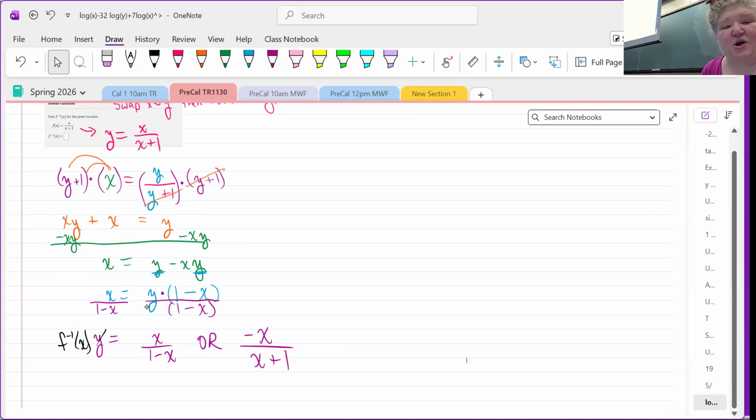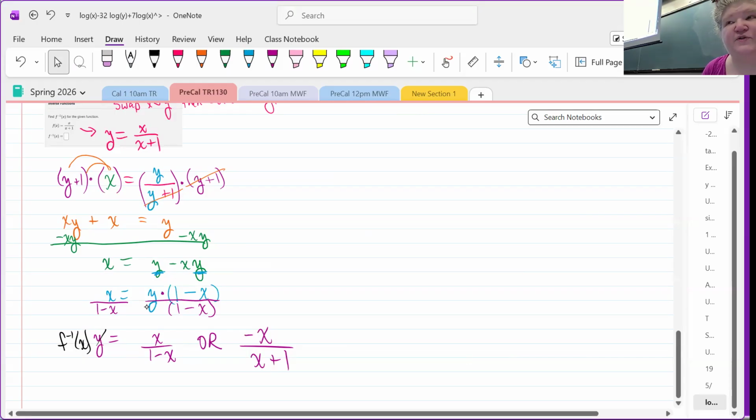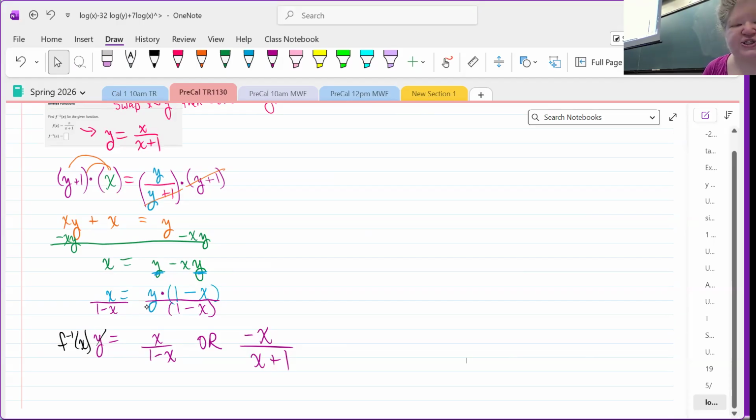Now notice our original function was x over x plus 1. Our inverse is not x plus 1 over x. The inverse is not the reciprocal. The inverse is doing all the operations inside out and backwards. So we have to swap the order and swap the operations themselves.